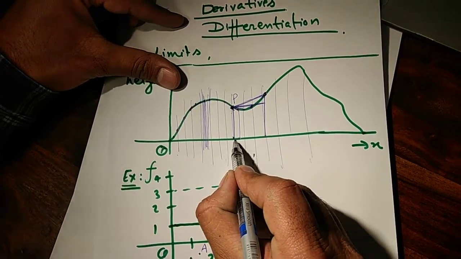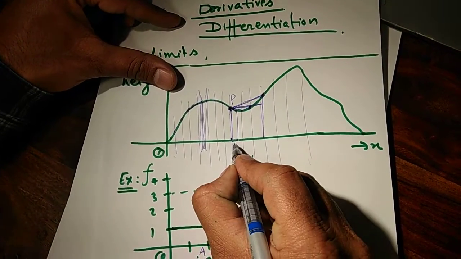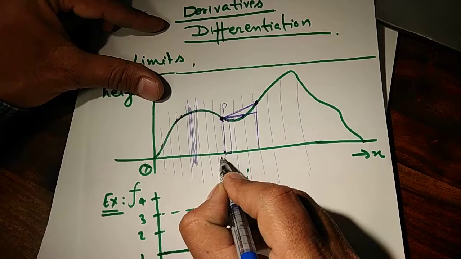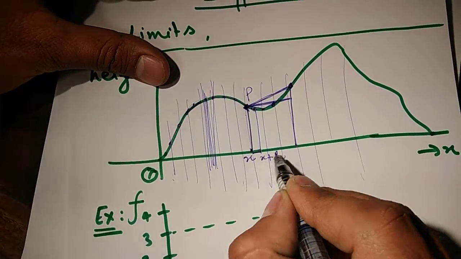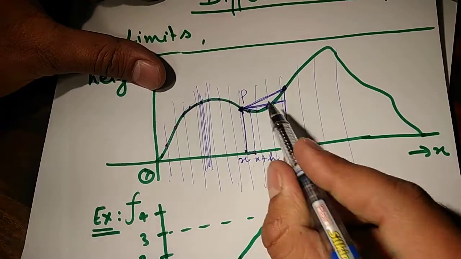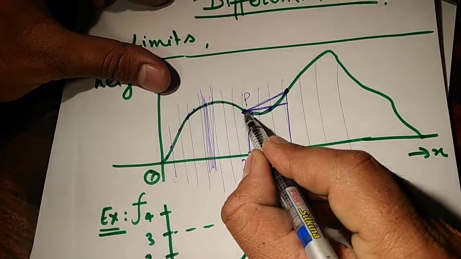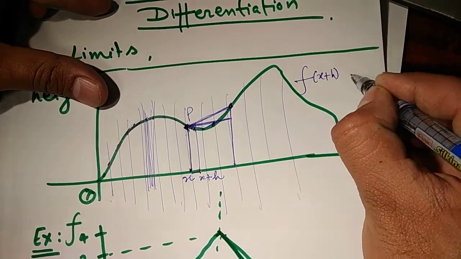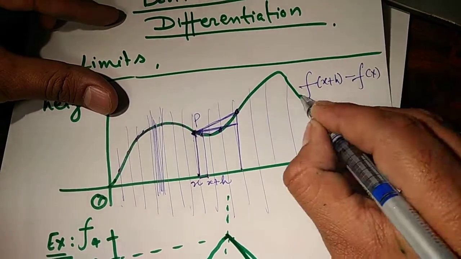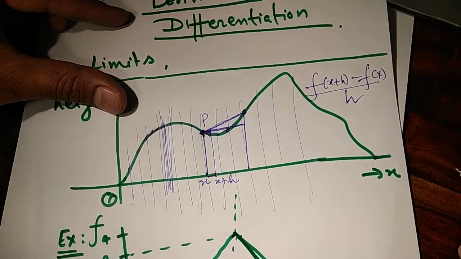Let's say the point P has value x, this one has x plus h. Okay, then how do I get the slope of this? f at x plus h minus f at x over h, right? That's the slope.